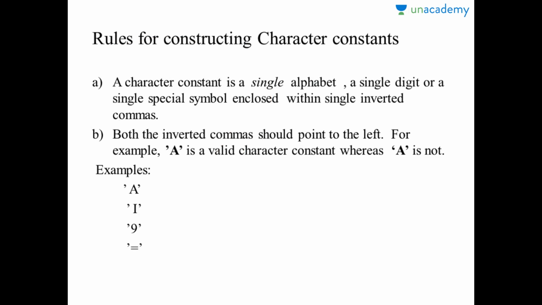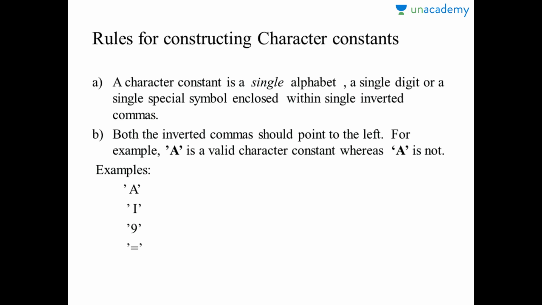Similarly, the rules for constructing a character constant are pretty easy. Just remember that a character constant is basically a single alphabet or a single digit or a single special symbol, and that's why we need to learn what a character set is. You may go back to revise those symbols, that character set.